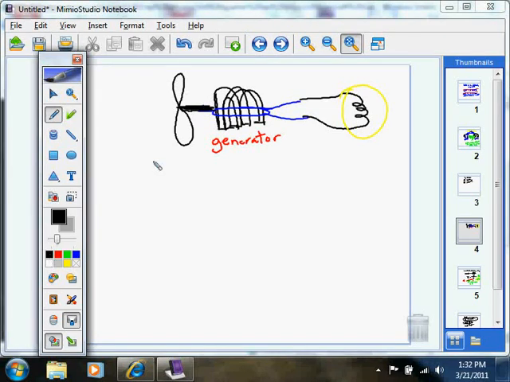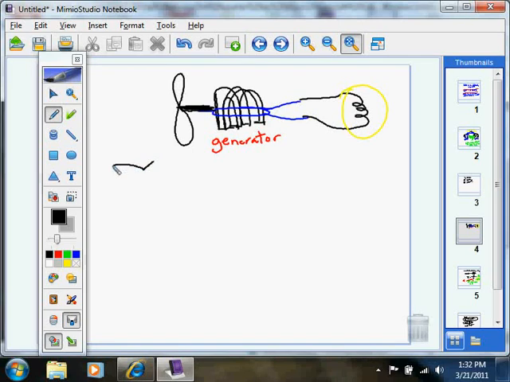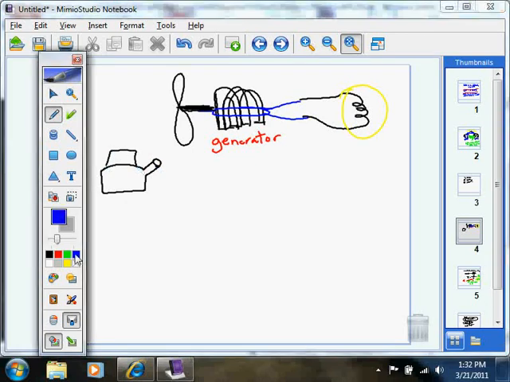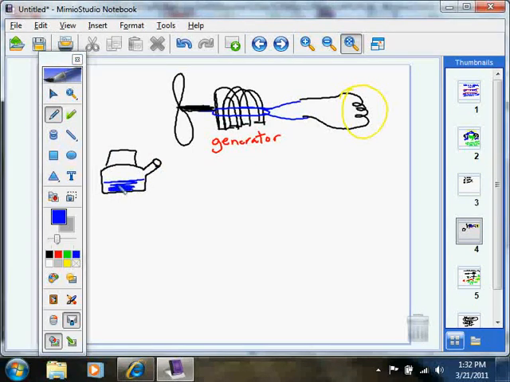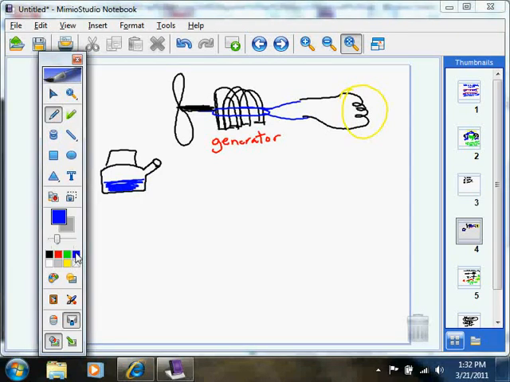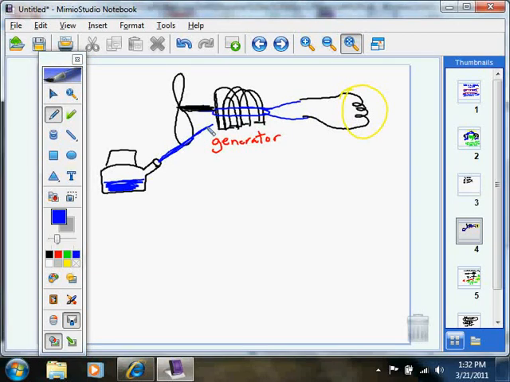Imagine a big tea kettle filled with water. You heat the tea kettle, the water turns to steam, the steam blows out, turns the fan, cranks the handle, generates the electricity, and the light goes on.